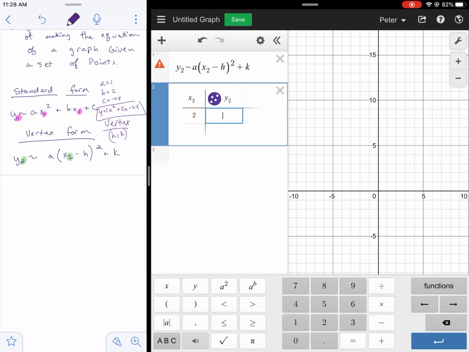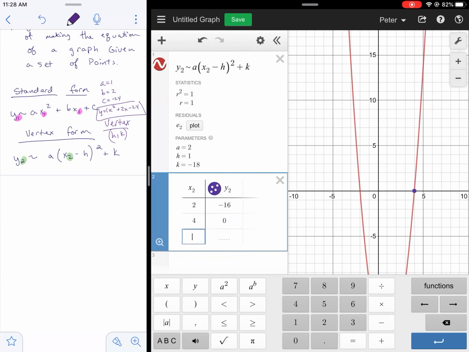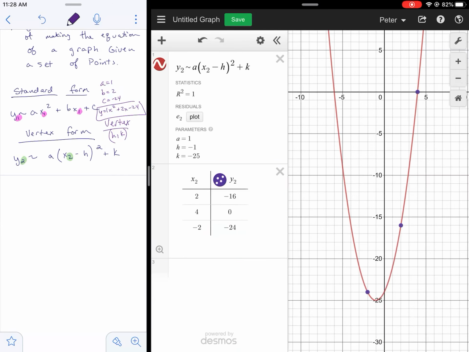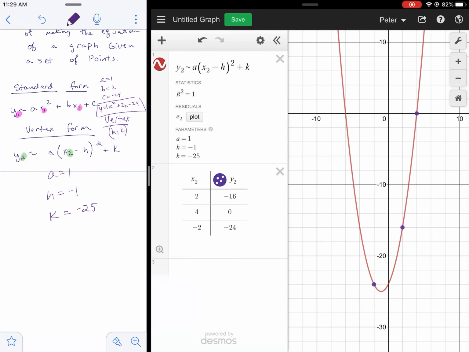I'm going to put those same points in. Now the equation is going to look different. The graph's going to look the same, but the equation is going to look different because this is going to be in vertex form. Equation's the same. Now this says a equals 1, h is negative 1, k is negative 25.